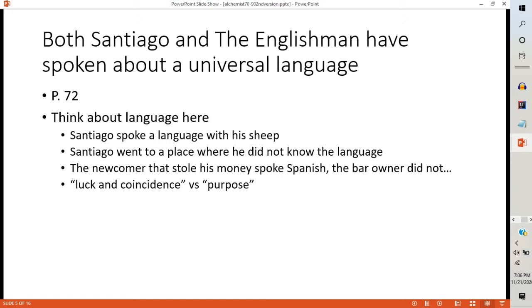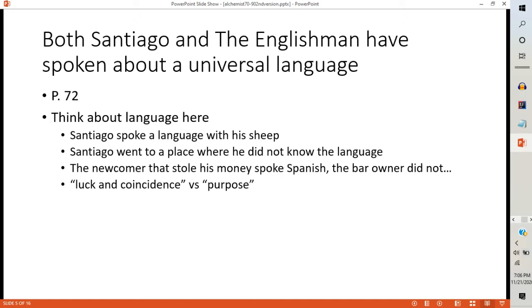The Englishman knows about this universal language. He references it here. Santiago, I wonder if I have this on the next slide. Right here. Santiago speaks a lot about language. Think about this. Santiago references that he spoke a certain language with his sheep.